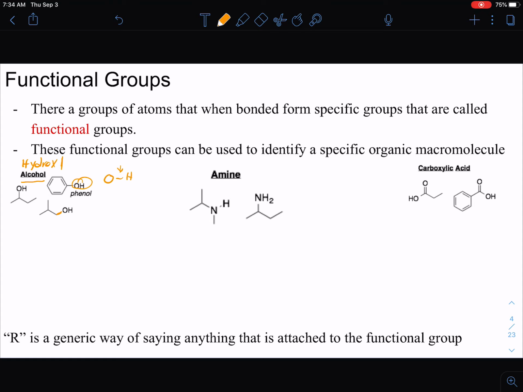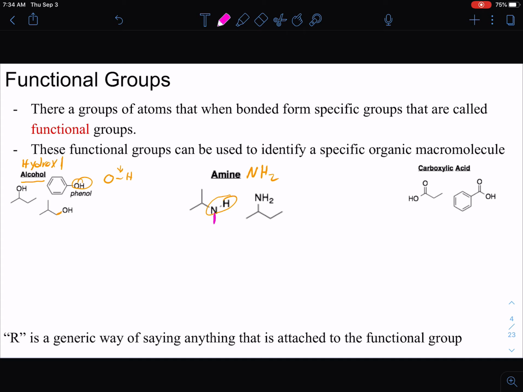The next one is an amine. An amine is normally NH2 is how you'll see it. Sometimes it looks a little different because it actually has a carbon bonded to it right here.